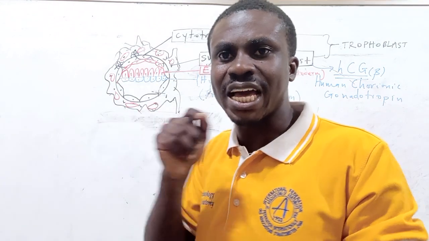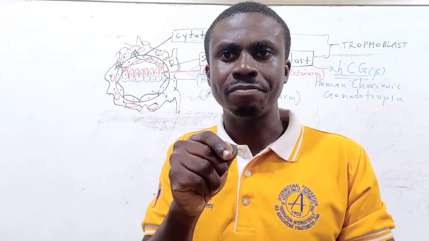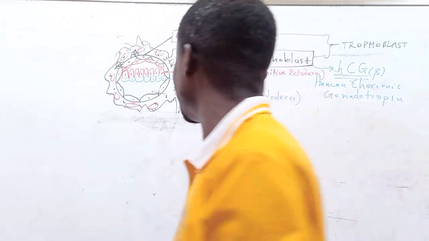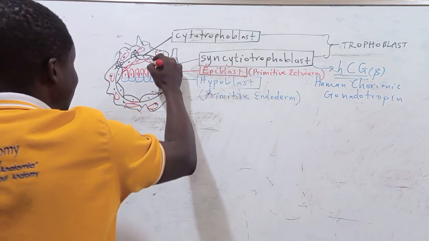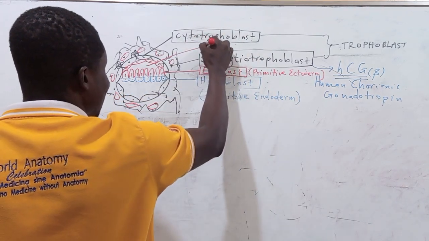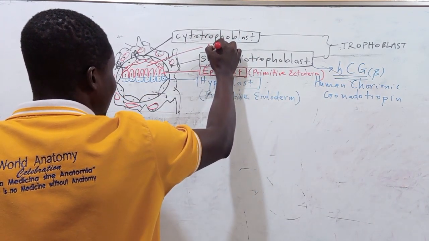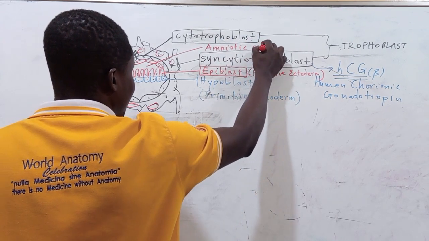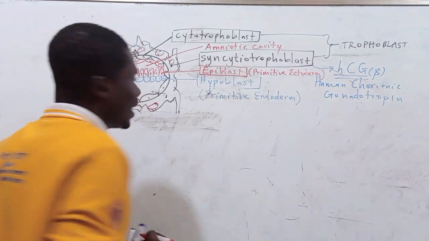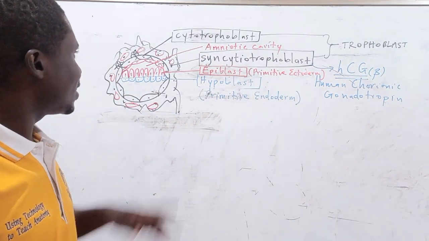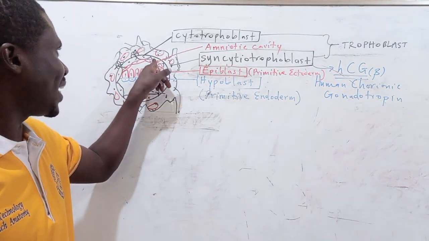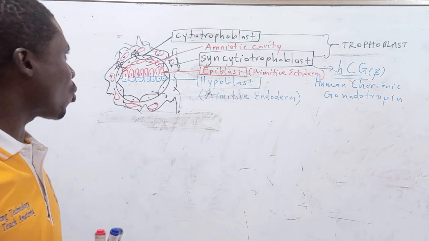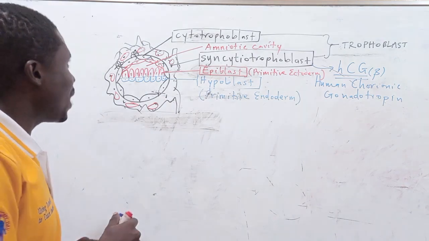My friends, this cavity created over there is known as the amniotic cavity. Yes, so I want to put that one too over here. This cavity created over here is known as amniotic. And that is why these cells of the epiblast, which are lining the area of the cytotrophoblast, will be called amnioblasts.